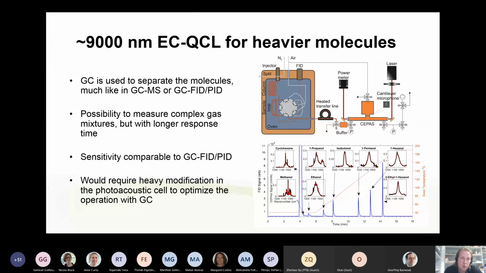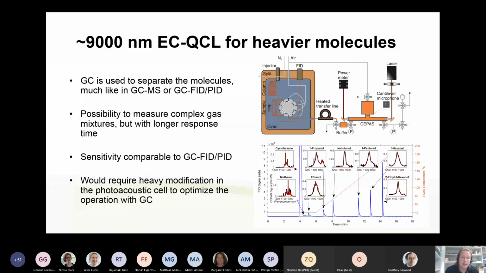But the issue was that the sample volume coming out from the GC column is very low. So we actually have to dilute it, adding air or carrier gas or buffer gas to fill the photoacoustic cell.